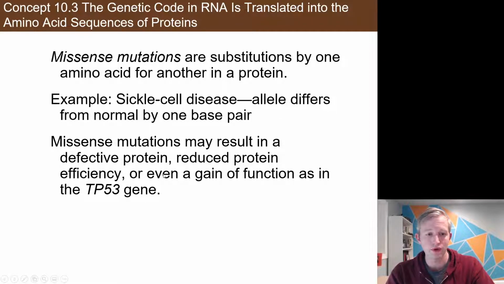There's also examples like the Tp53 gene where a missense mutation causes a gain of function. And that sounds like, oh, cool, so you can see through walls or fly or something, right? No, sadly, the Tp53 gene is associated with cancers, and I think ovarian cancer in particular, where the Tp53 mutation is very prevalent.